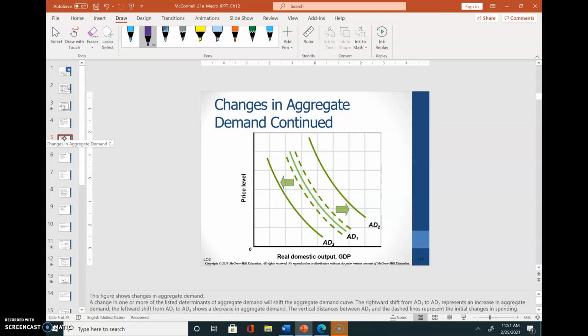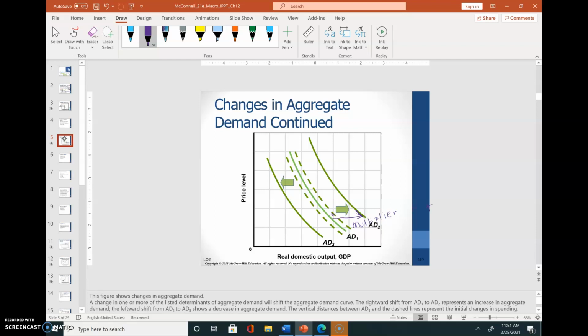As you can see here, AD1 is the initial aggregate demand curve. So when aggregate demand increased, initially we moved from this AD1 line to this dashed line, but finally due to some multiplier effect, we move from this dashed line all the way to this curve.